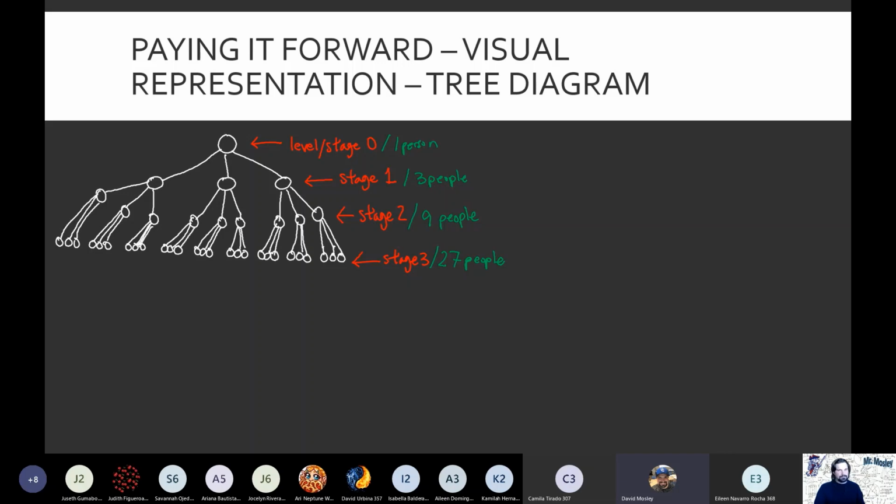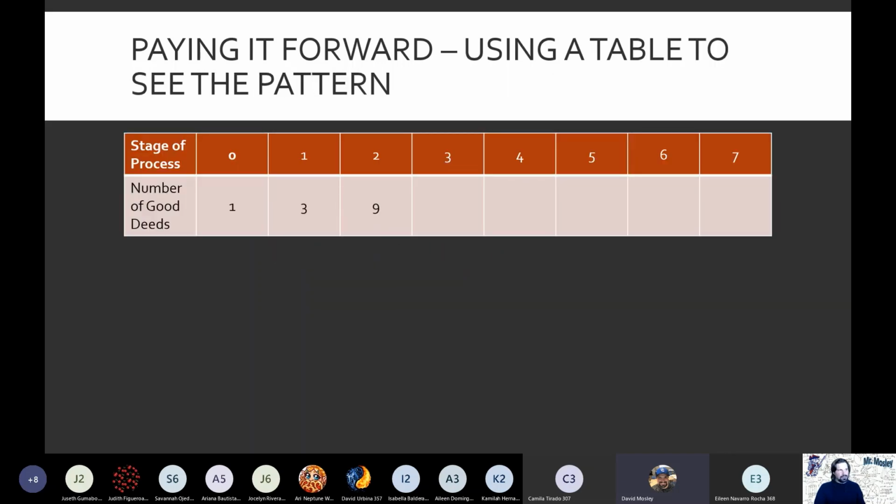Okay. So now let's finish this table. We already filled in the 3rd stage. That was 27. What's the number of good deeds for the 4th stage? How many people are helped in the 4th stage of this?